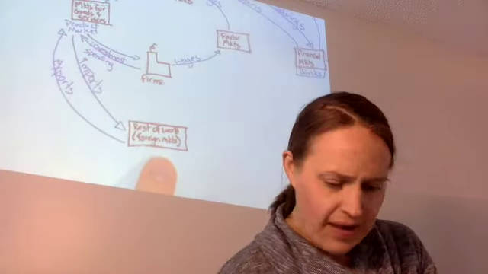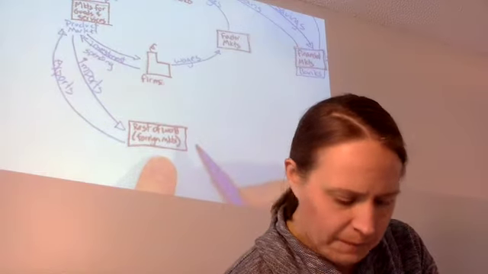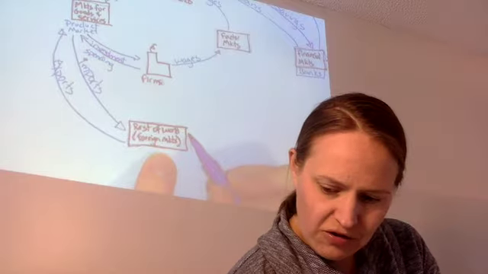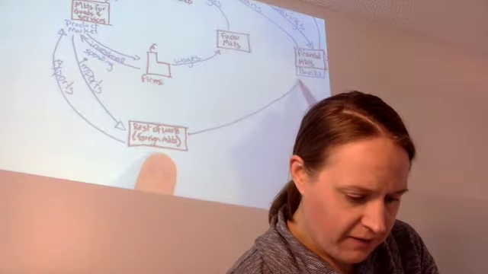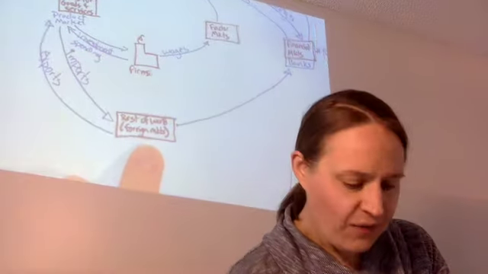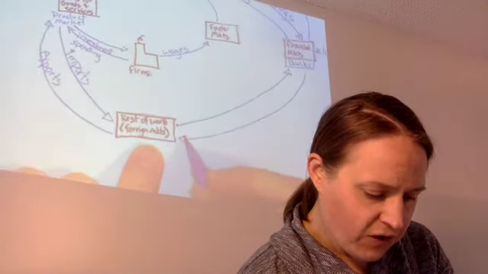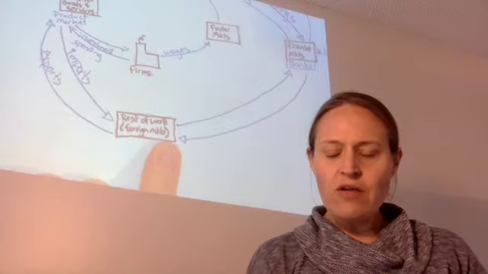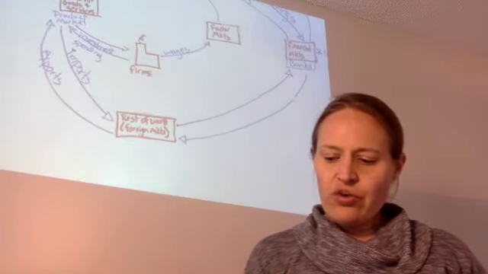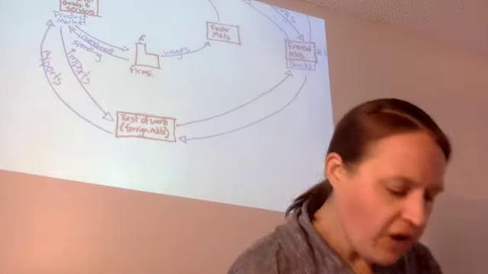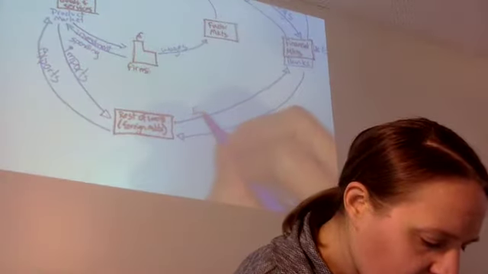All right, next one from the rest of the world. We have an arrow going from the rest of the world into our financial markets, our banks, and we have an arrow coming from our banks into our foreign market, the rest of the world. So both of those are loans, and they're both called foreign loans.